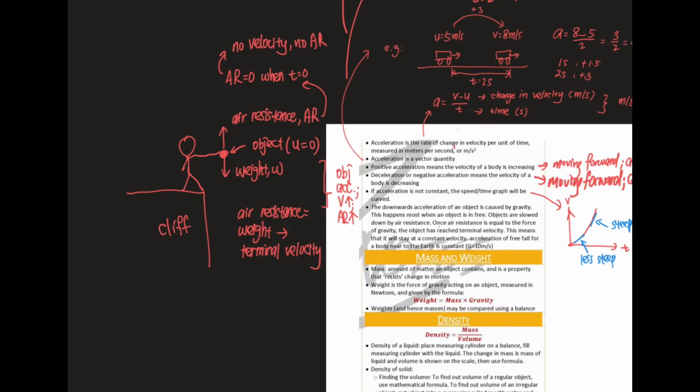The object accelerates, it's getting faster and faster. Air resistance increases. So imagine if the object is here now. Acting downward is the weight. Acting upward is air resistance. The air resistance is getting greater and greater until at a point where the weight and the air resistance are equal in values.